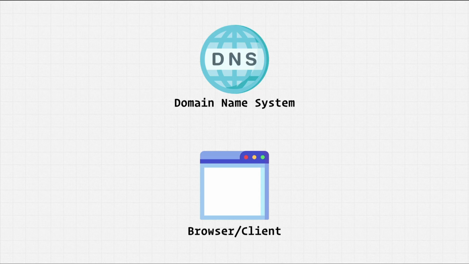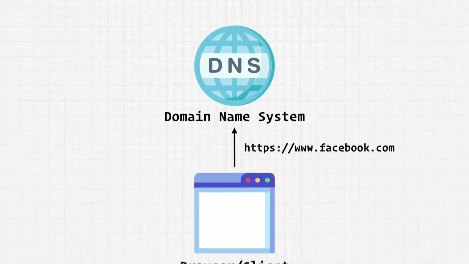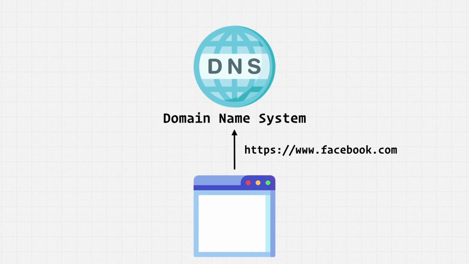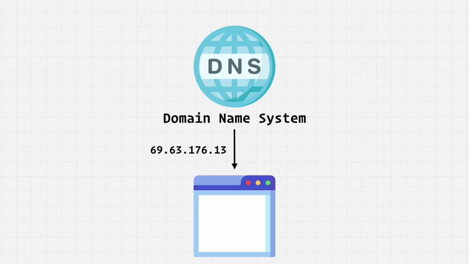All you know is that when you send over facebook.com, you get back the appropriate IP address that will allow you to access facebook.com servers. The DNS is the one that helps figure out, hey, you're giving me facebook.com, I'm going to figure out what specific IP address you need in order to get access to the Facebook server so you can get the Facebook files.